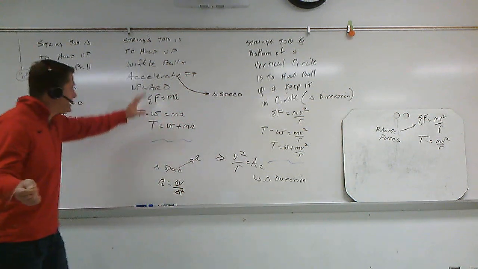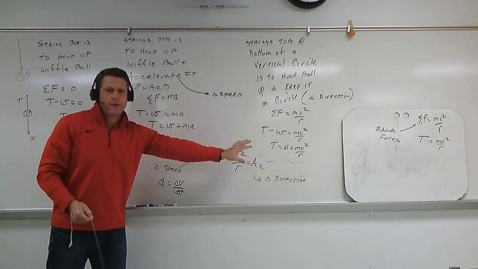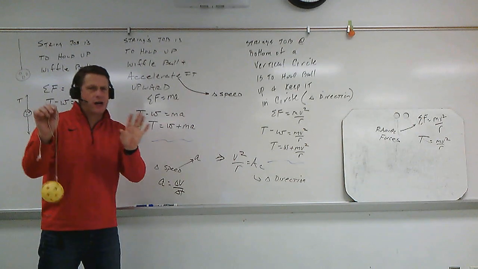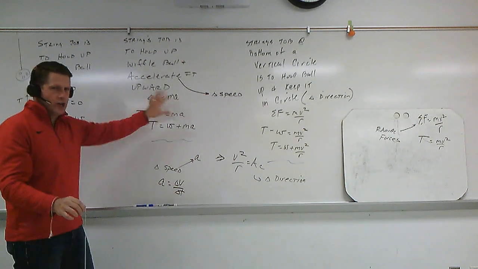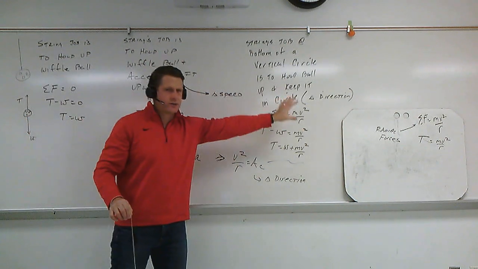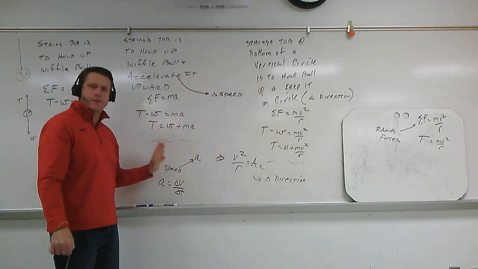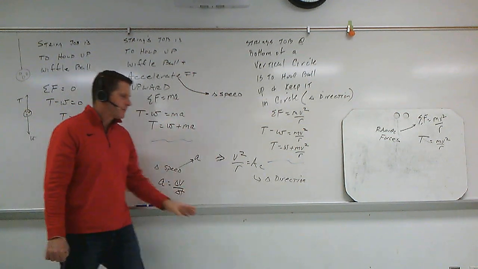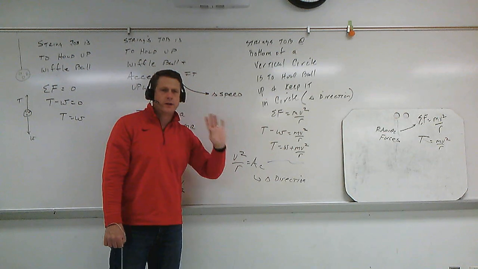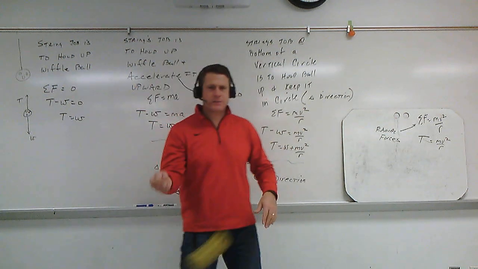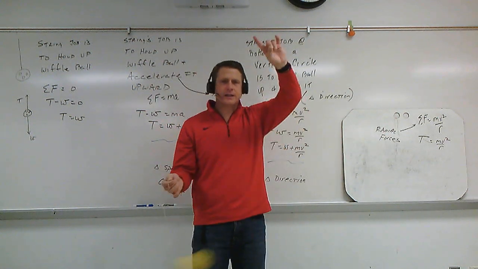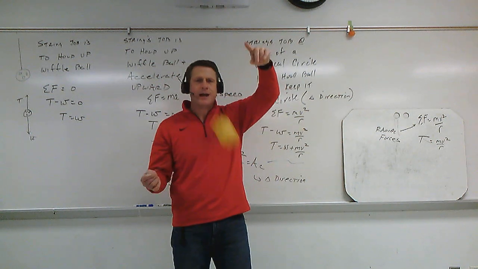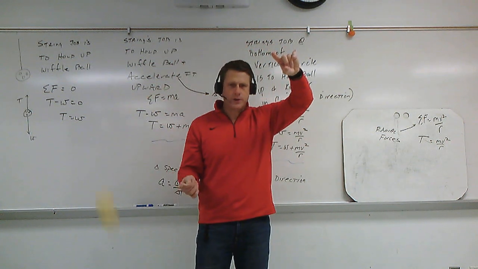So we can see that the math is very similar, but we have slightly different jobs for the string. Change the speed, change the direction, and therefore a different type of acceleration over here and a different type of acceleration over here. Now our next progression along this line is to talk about what happens up here at the top of the circle.